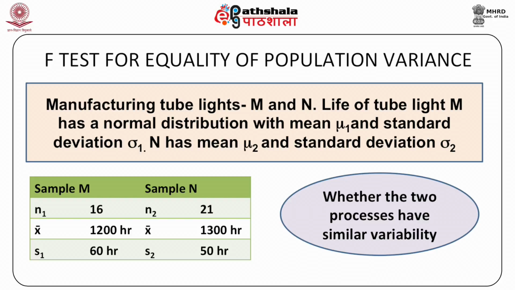Similarly, process N has a mean mu2 and a standard deviation sigma 2. The data related to the two processes is given in the table, where the number, mean and standard deviation of both processes are given. Check whether the two processes have similar variability at the 5% level of significance.